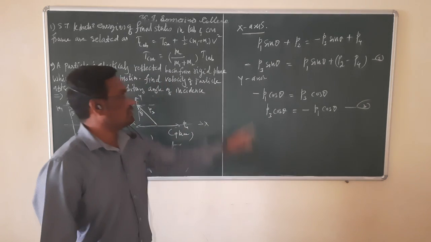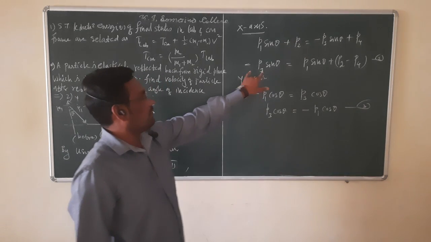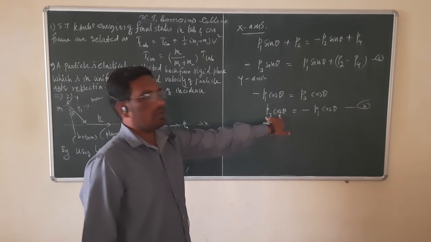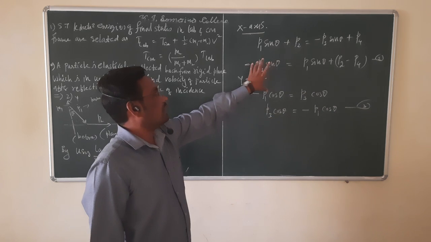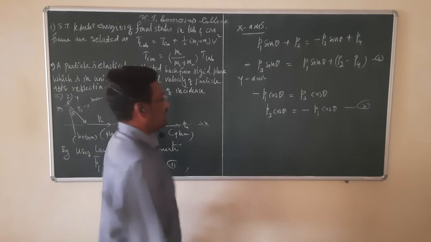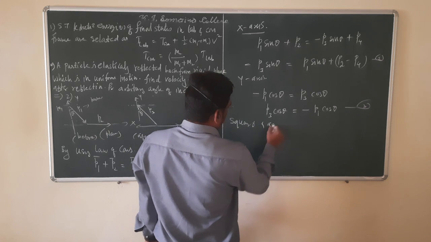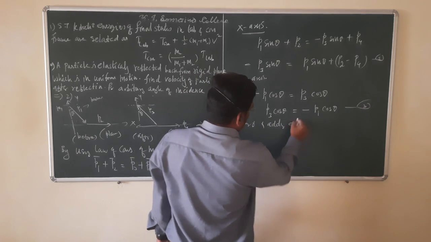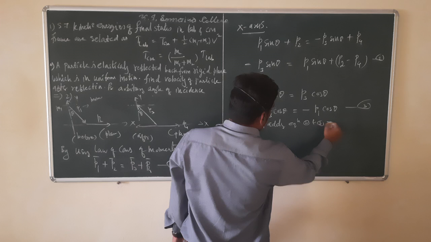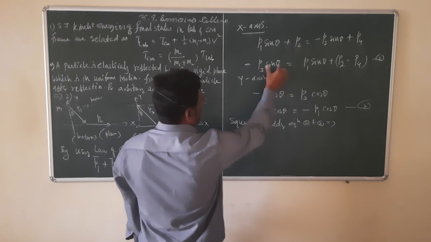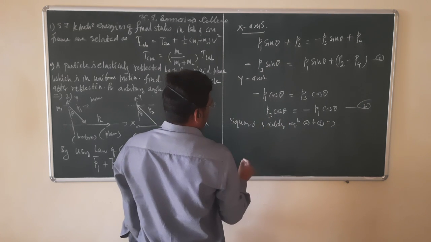In equations 2 and 3, here we have minus P3 sin theta, here we have P3 cos theta. So we can square and add equations 2 and 3. Squaring and adding, we get P3 square sin square theta plus P3 square cos square theta.